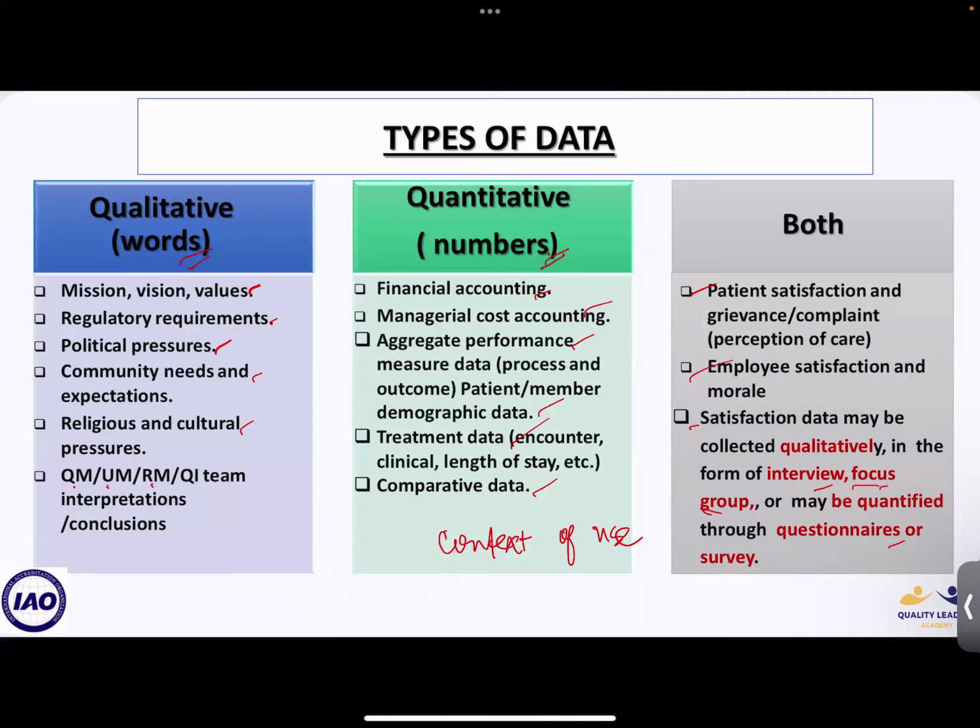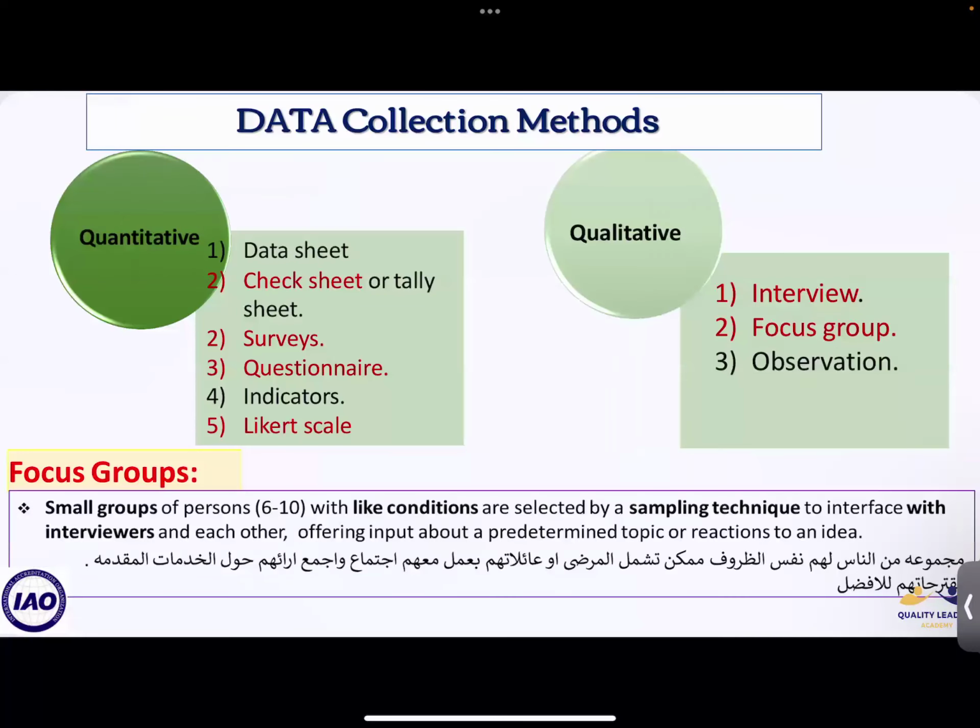Why? Because we use a tool, a survey or questionnaire, that provided us with numbers. So these numbers here make the data quantitative. The collection methods are what determine the types of data that I will collect.